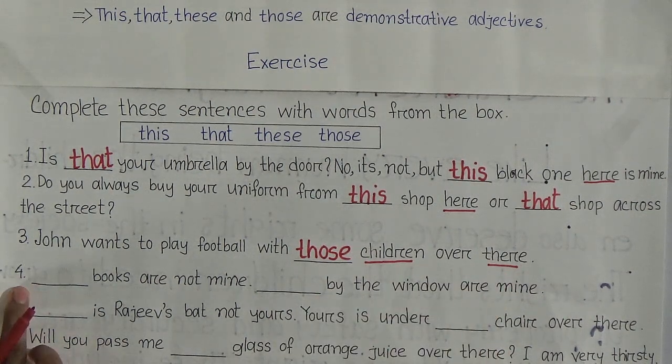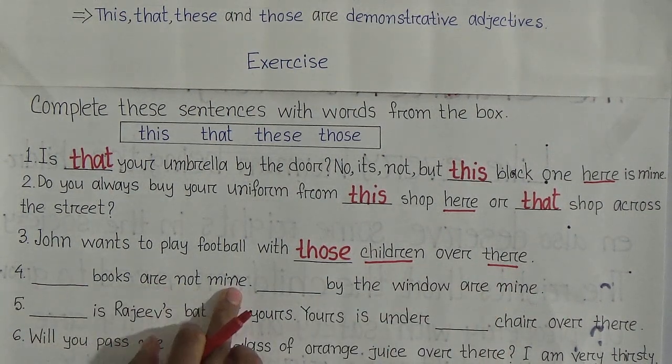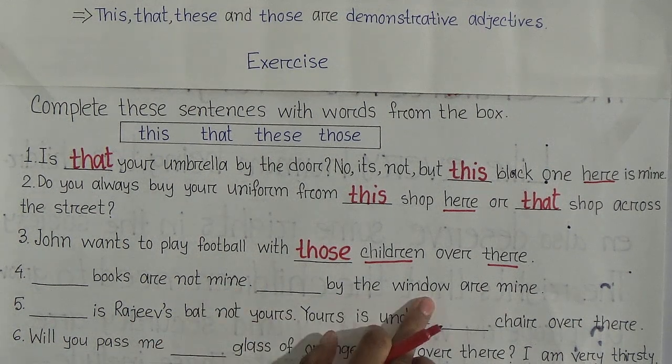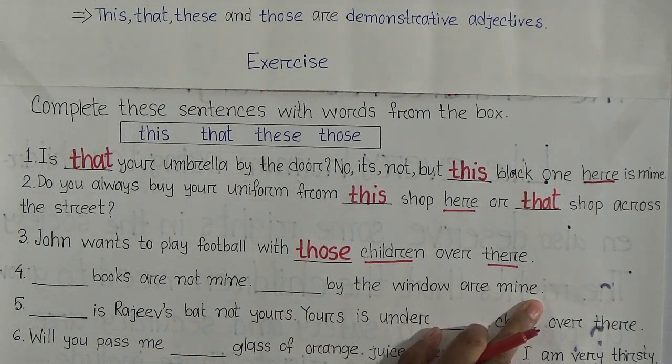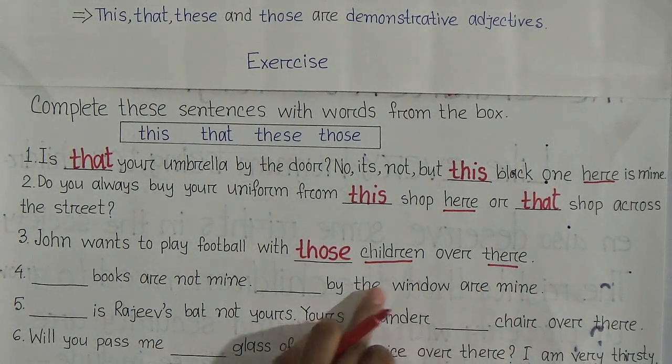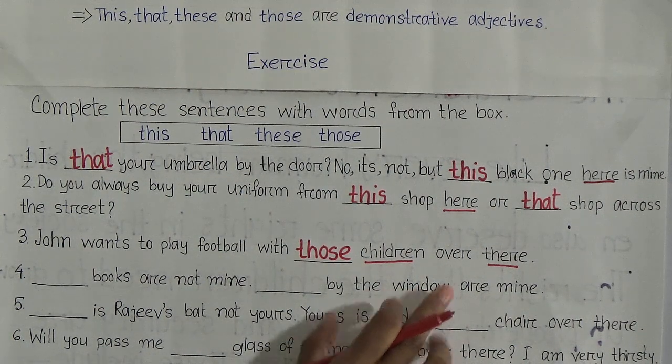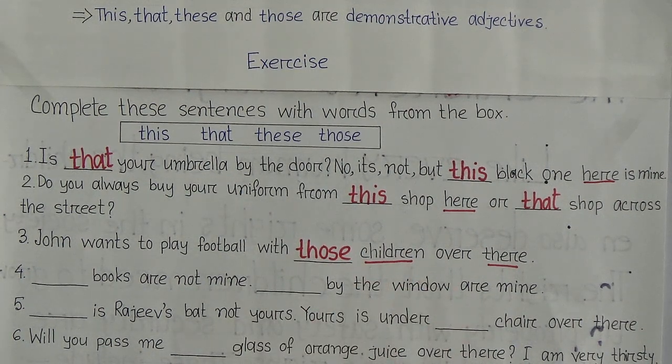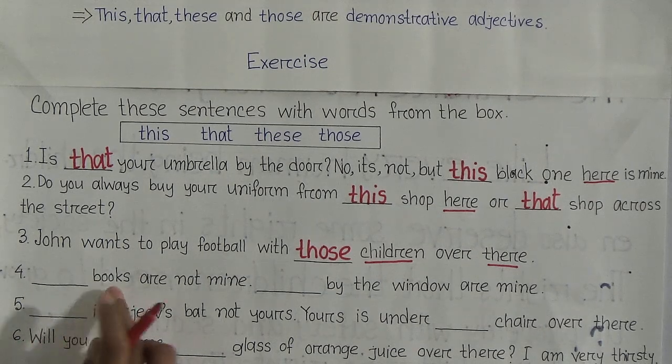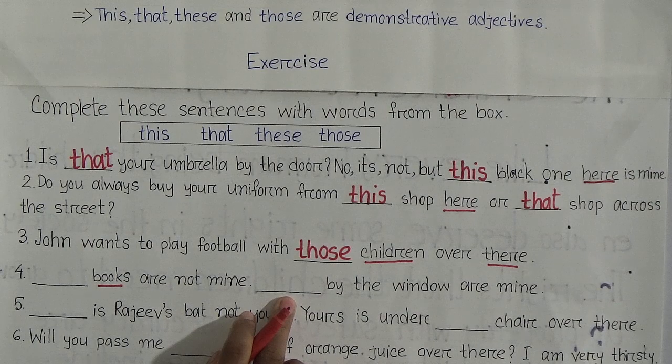Now number 4, dash books are not mine. Dash by the window are mine. So by the window, it means far from you. So you have to use singular or plural. It is talking about books. Books are plural. So you have to use those.